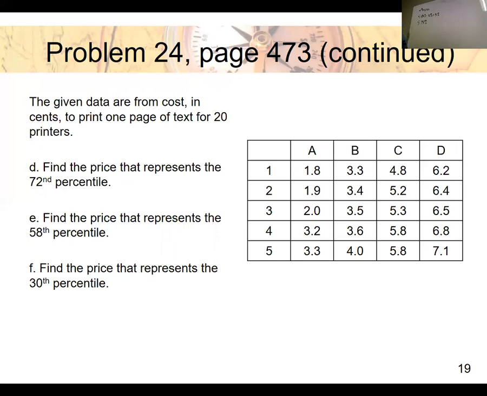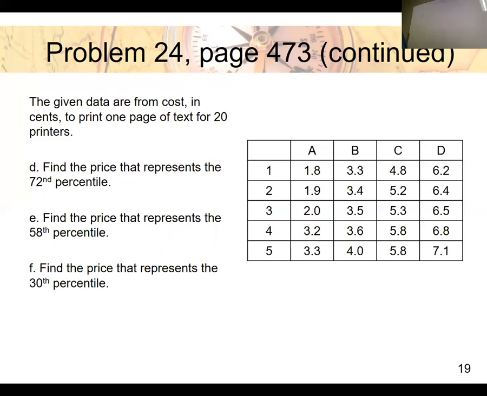And this is the same data set from cost in cents to print 1 page of text for 20 printers. So here, part D, we want to find the percentile that represents the 72nd percentile. And then part E is finding the price representing the 58th percentile, and then the 30th percentile for part F.